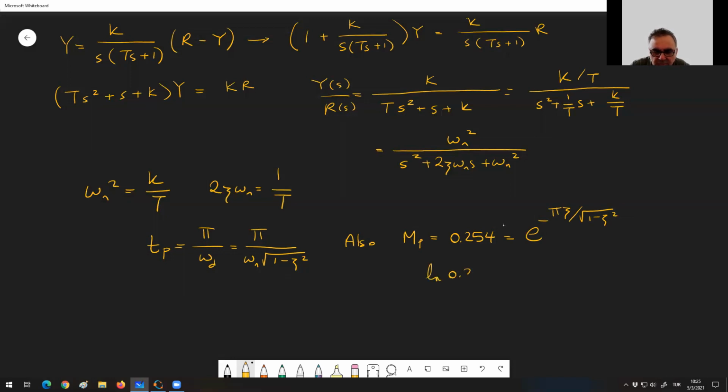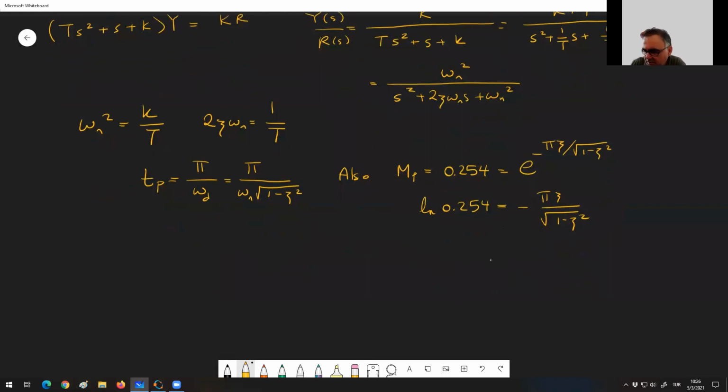Ln of 0.254 is equal to minus pi zeta over root 1 minus zeta squared. You can solve for zeta here. It's not too hard. Or you can use the approximate formula. It won't be too different, I suppose.